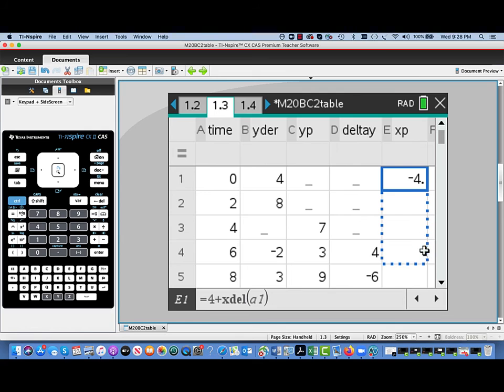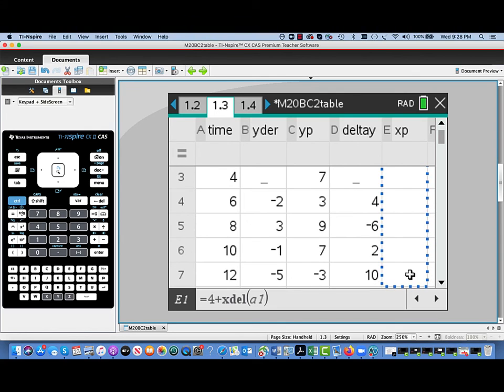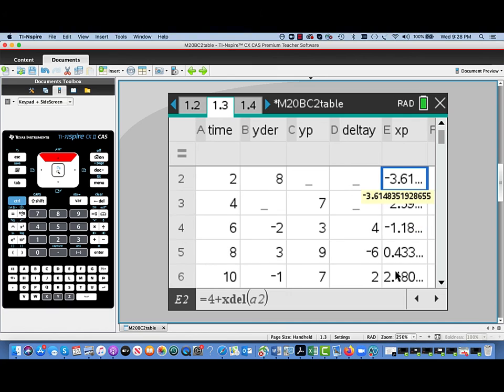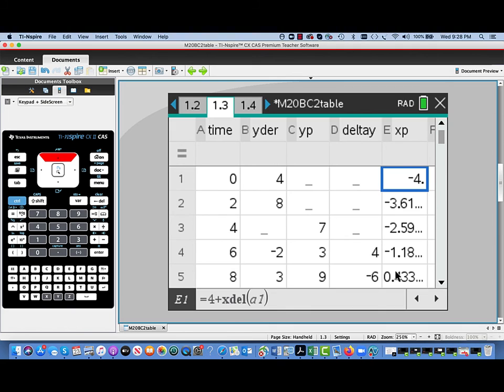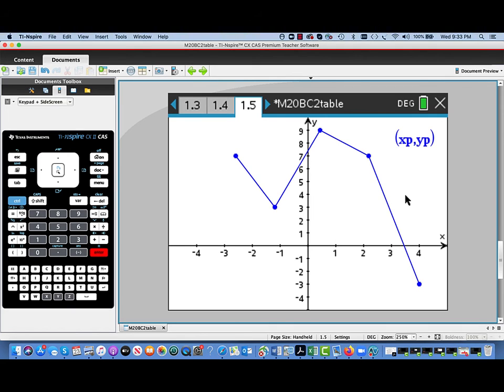Now we're just going to fill down using this spreadsheet functionality, and we get all the x positions at the times that are in the table. Now that we have both x positions and y positions for times t equals 4, 6, 8, 10, and 12, what I'd like to do is actually do a scatter plot of the positions, and here it is.